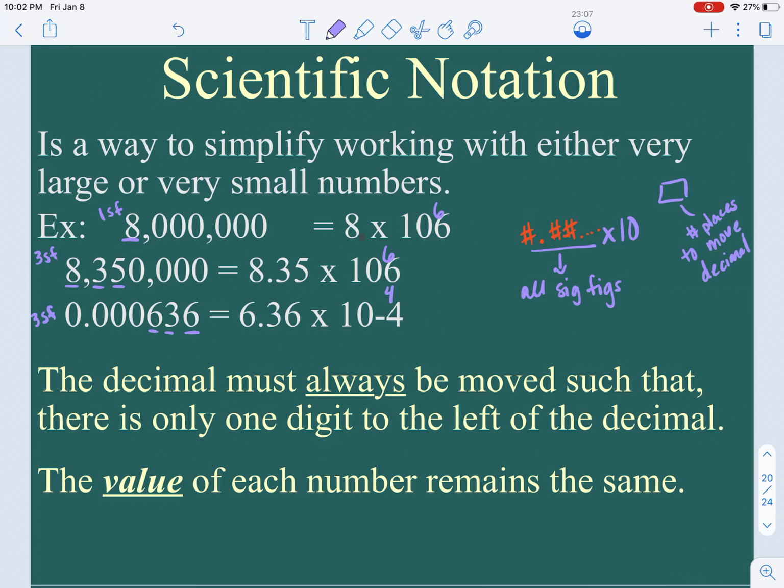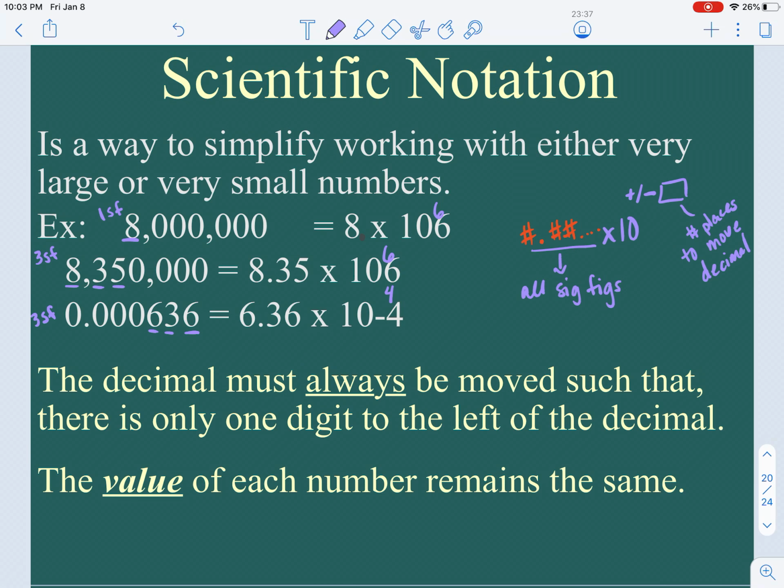Now, the last thing that we need to discuss is whether a value for my exponent is positive or negative. We are going to know if something is positive or negative based on the direction that that decimal has been moved. Now, there's a variety of ways that we can explain whether it should be a positive for this case and a negative for that case. And lots of different teachers have lots of different ways of explaining it.